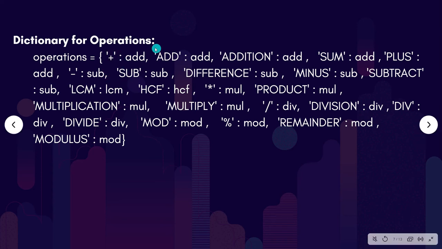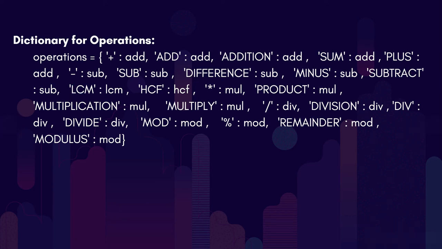So here we will create multiple keys for this add value. We will give plus key, add, then addition, sum, plus, and then we will give keys for the subtraction method. So we will give minus symbol, sub, difference, minus, subtract. You can add some more if you want.